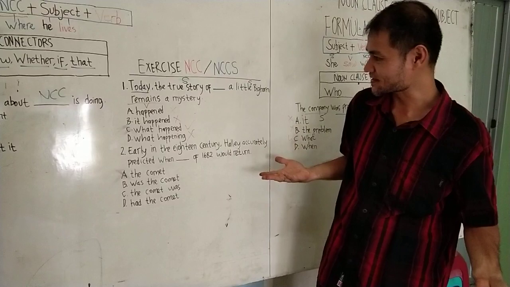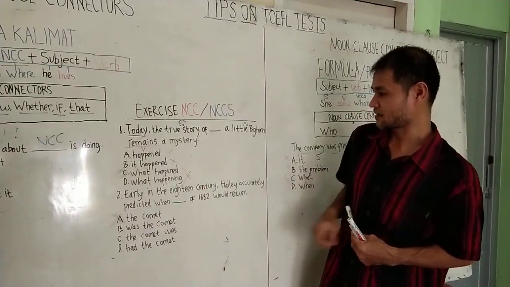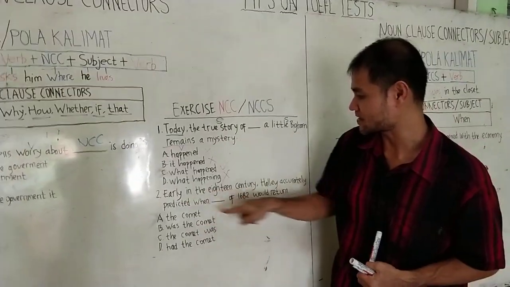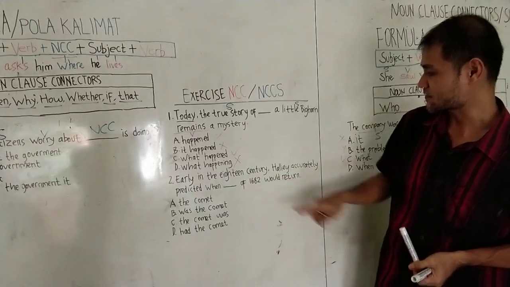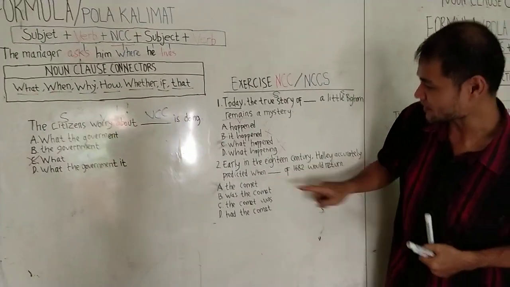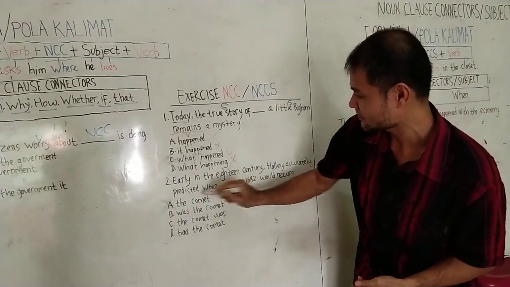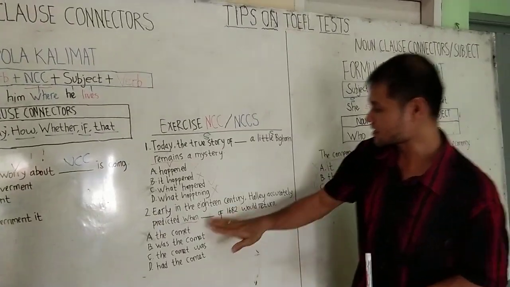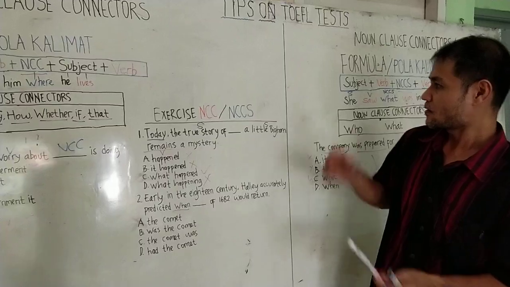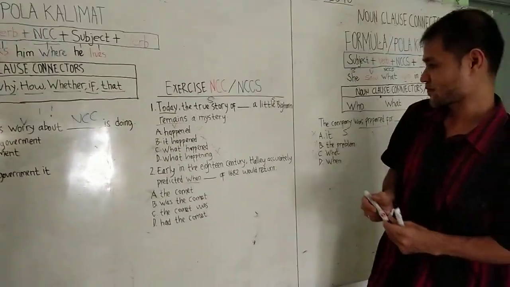Next, for number 2. Early in the 18th century, Halley accurately predicted when blah blah blah of 1682 would return. What is missing here and what needs to be filled here? It has a connector. Let's focus here because it has a connector. We focus on what to fill here, NCC or NCCS.